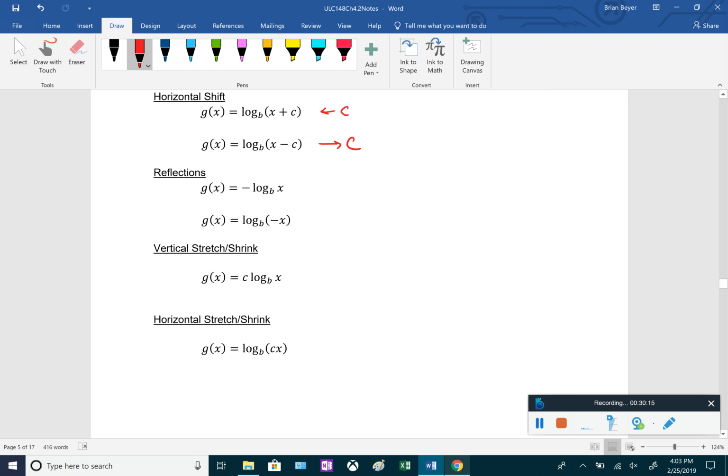Reflections are when we're negating things, negating the x or the y. If we have a negative 1 multiplying out front, negative log base b of x, that means it's a reflection over the x-axis. If we have a negative multiplying the x, that's a reflection over the y-axis.